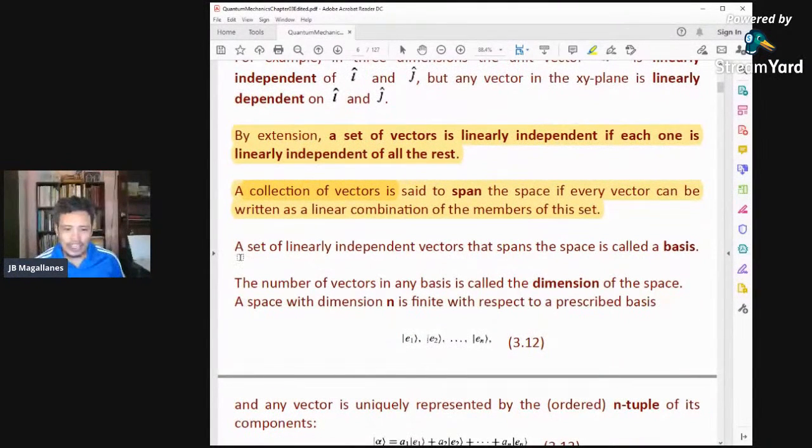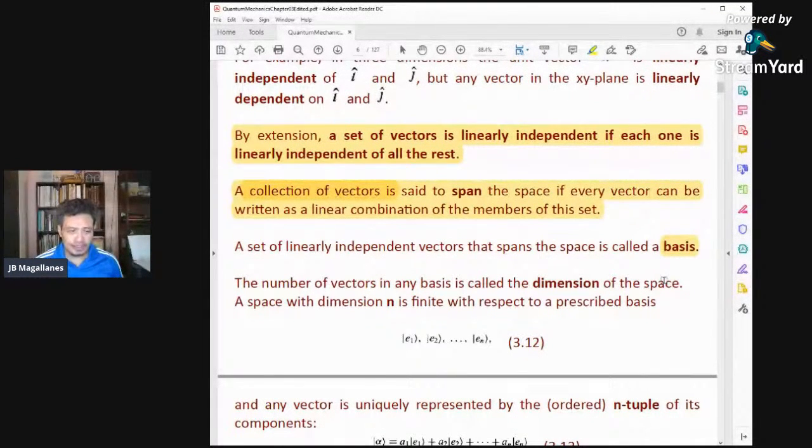A set of linearly independent vectors that spans the space is called the basis. So for example, in three-dimensional space, i, j, k is called the basis of the three-dimensional space.